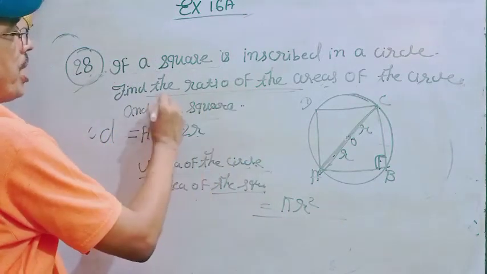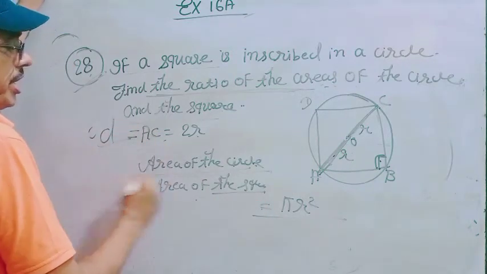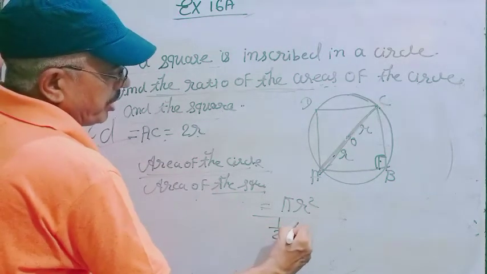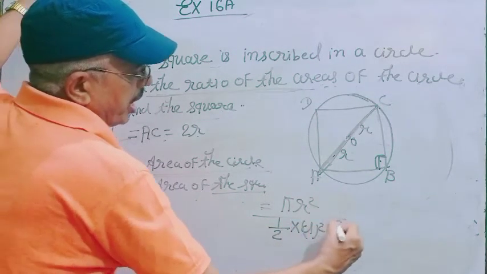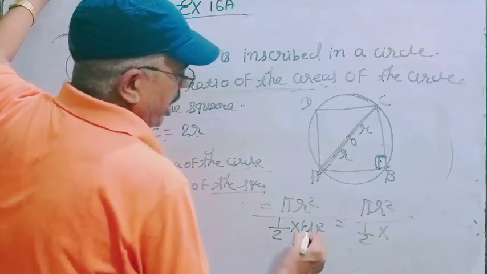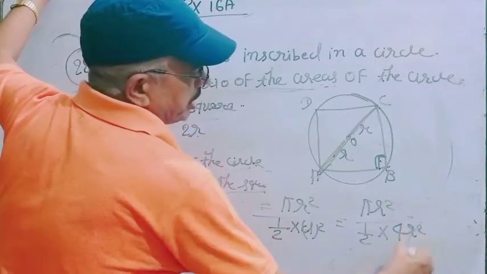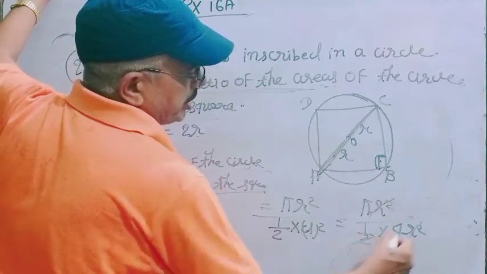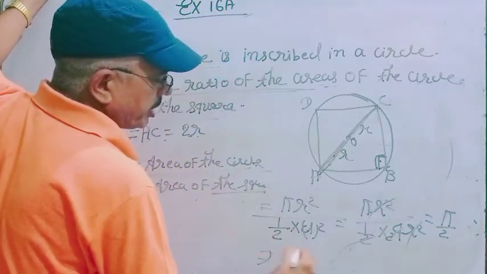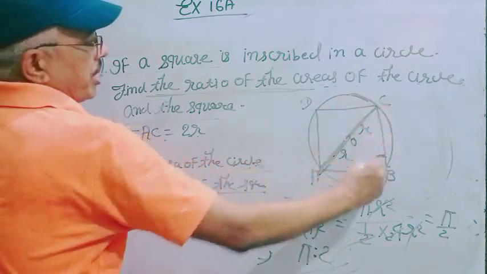If the diagonal is given, then the area of the square is 1 by 2 into diagonal square. So we write 1 by 2 into diagonal square. And here is pi r square, and there is 1 by 2, and the diagonal is 2r. So multiplying, you get 4r square. This r square cancels, and these two 2's cancel. That means you have pi by 2. Then you can write that pi is to 2 is the ratio of the area of the circle to the area of the square.